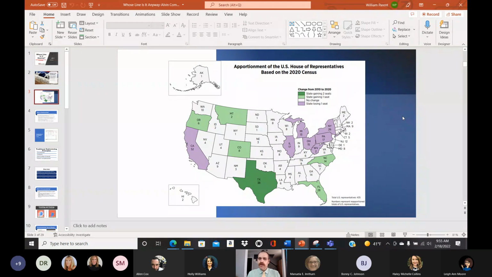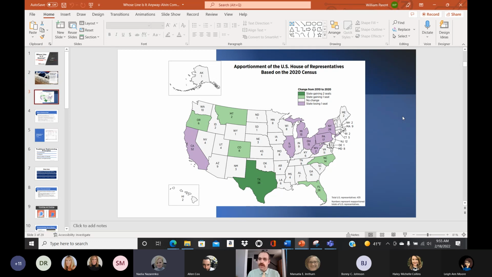And even for the professionals who are on this call, sometimes it can be difficult to interpret exactly the overall theme of what I'm trying to make the point here, which is that Texas was the biggest winner as a result of the 2020 census. We gained 2 seats. No other state gained more than 1 seat in the U.S. House of Representatives. And this also represents the second census where Texas was also the biggest winner.